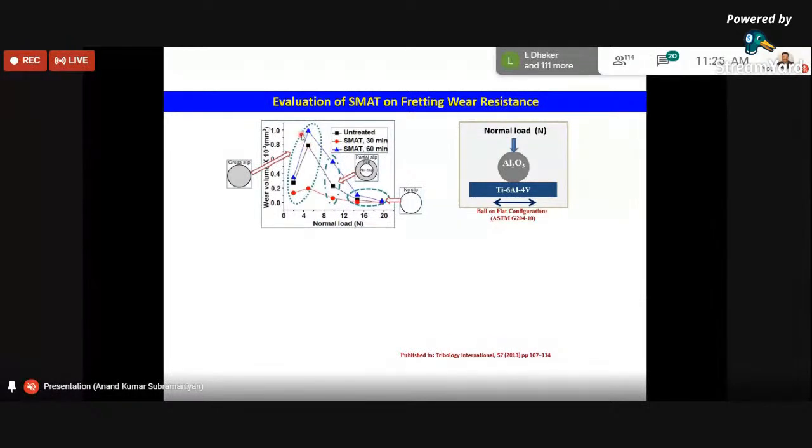It shows poor performance in terms of fretting wear behavior.